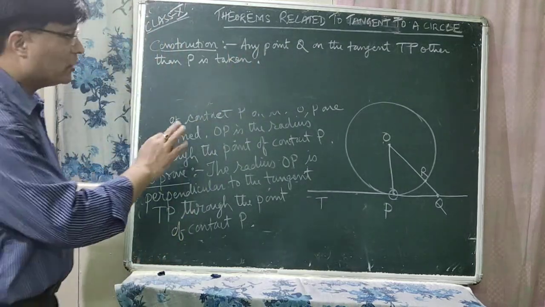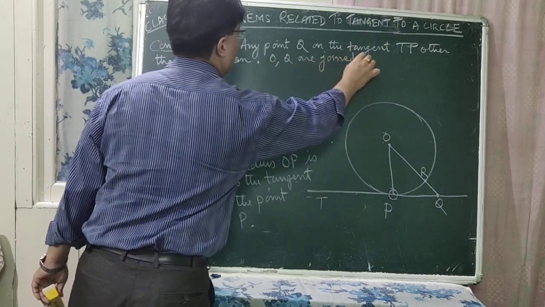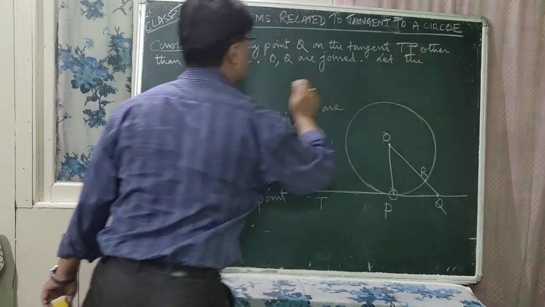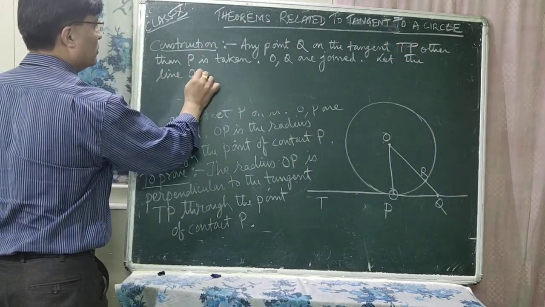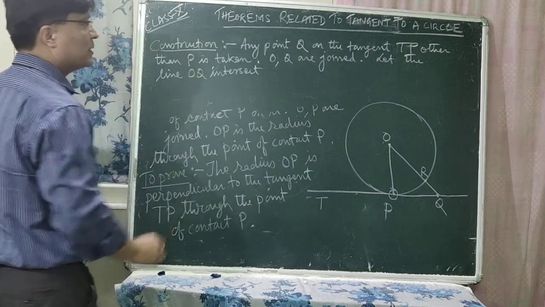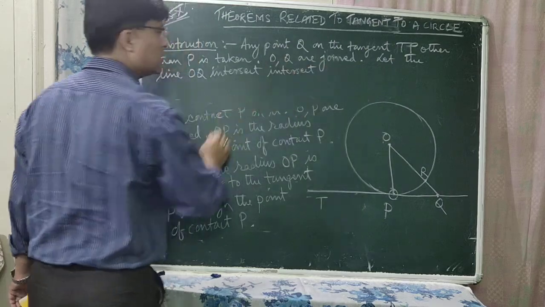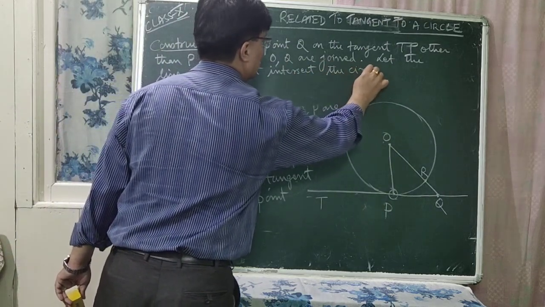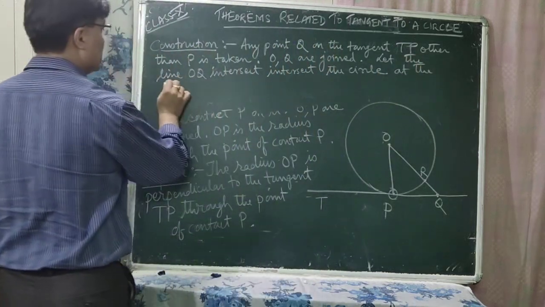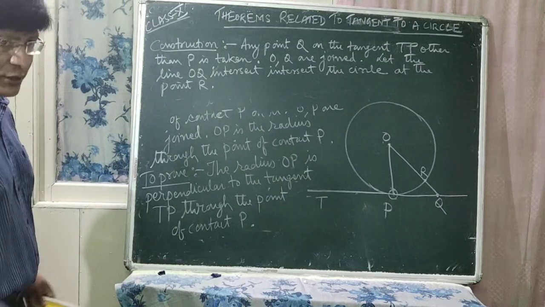Then join O and Q. Let the line OQ intersect the circle at the point R. Okay, you have understood? So this is the construction part.